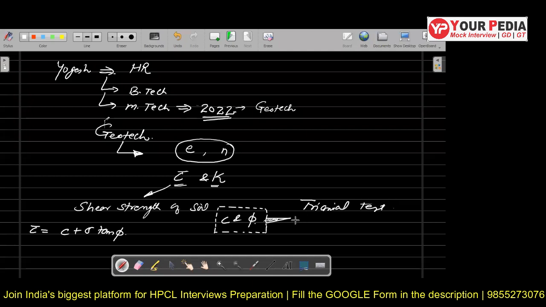We get sigma 1, the major principal stress, and the minor principal stress values. Accordingly, we can draw the Mohr circle, and then we can draw a tangent to the Mohr circle to get the Mohr failure envelope. From the plot, we can determine the value of C and phi. Then how will you get the C value from the Mohr circle?